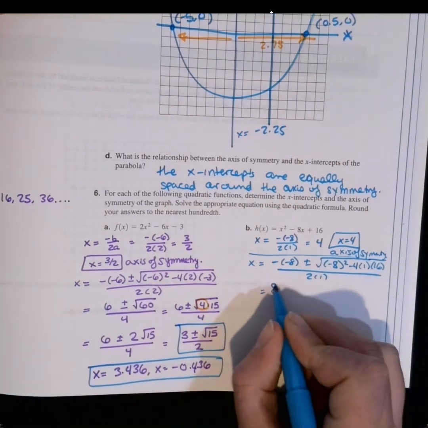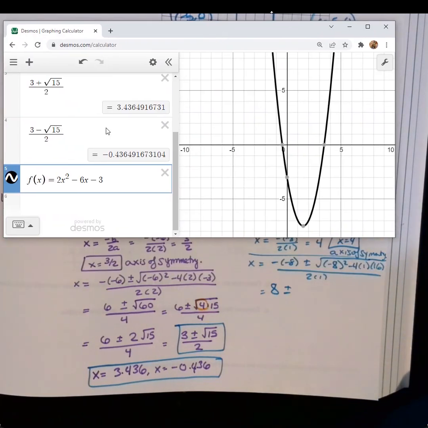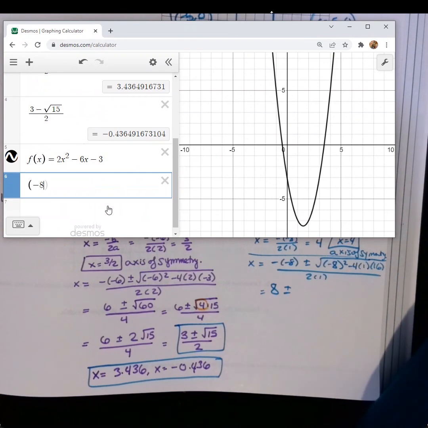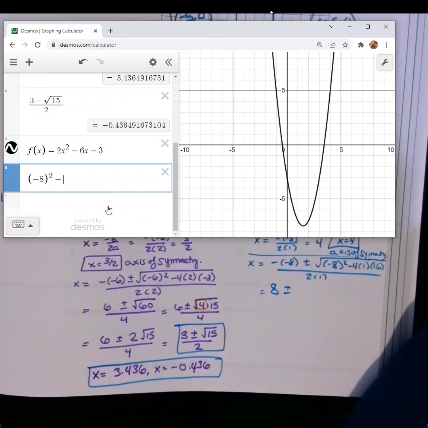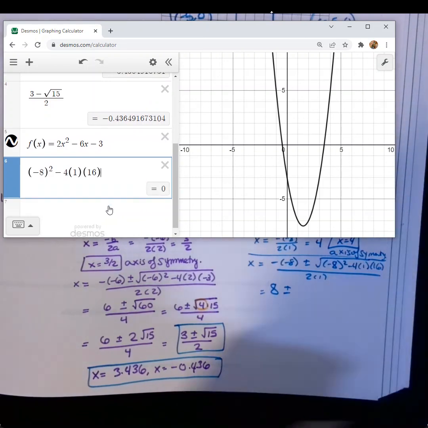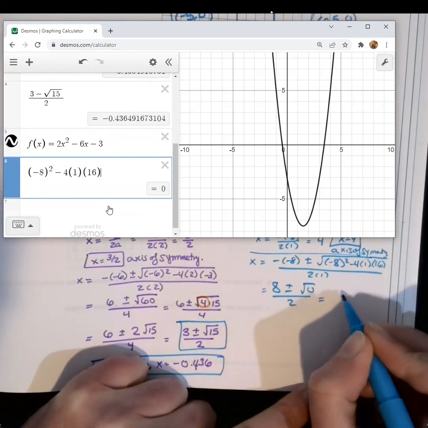Negative 8 makes 8, plus or minus. We've got to simplify negative 8 squared minus 4 times 1 times 16. That's 0, plus or minus the square root of 0 over 2. The square root of 0 is 0.